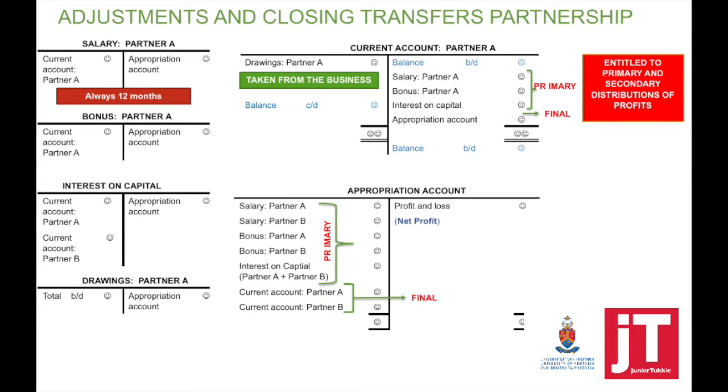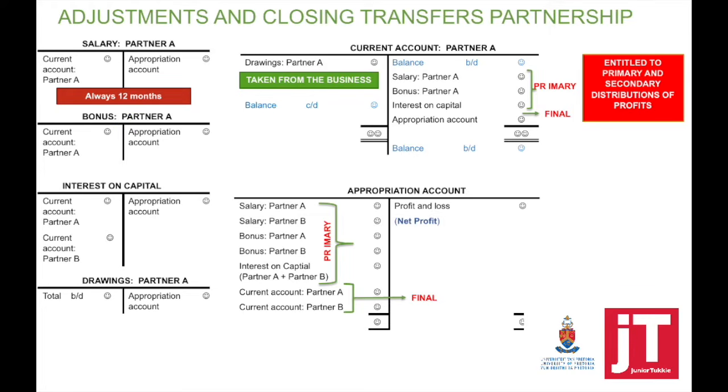So to make the distributions of profits fair, we say that the partner is entitled to primary distributions, which is salary allowance, bonus, and interest on capital. When we look at the salary allowance, this is always equal to 12 months.